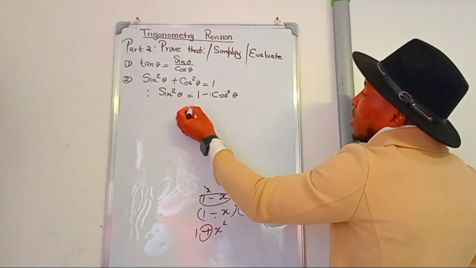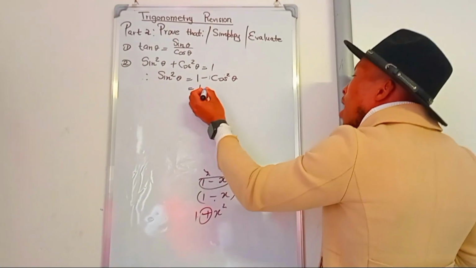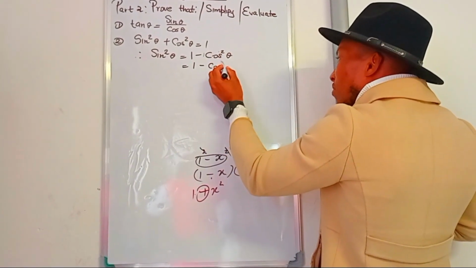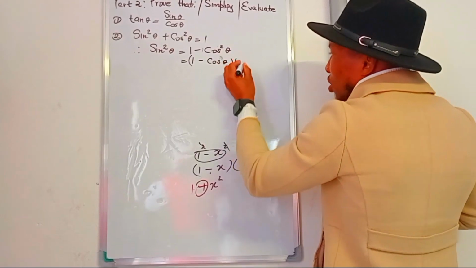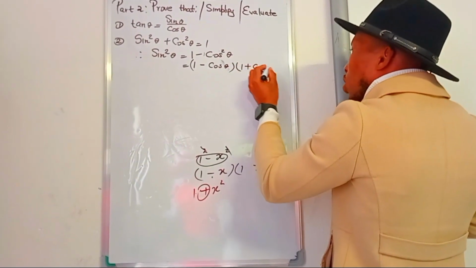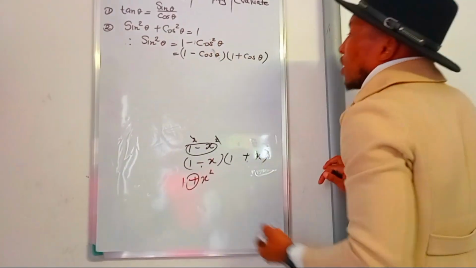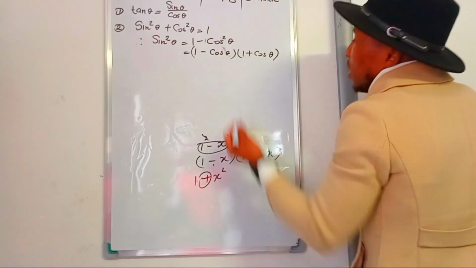That means here we are just going to have 1 minus cos theta into 1 plus cos theta. Therefore, that is the factorization of this perfect square.